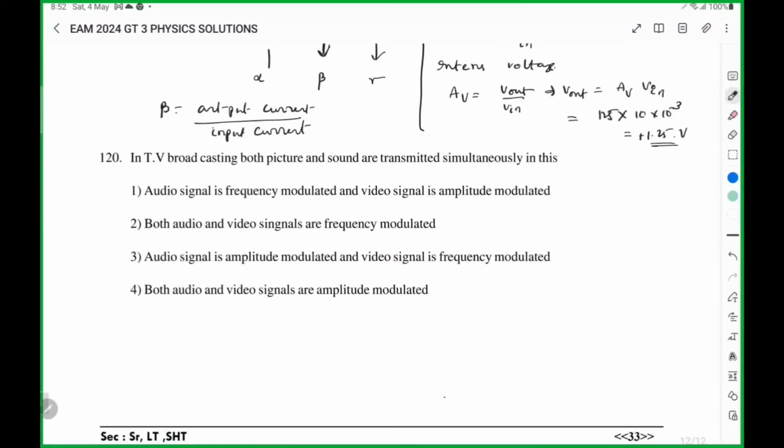So from this, TV broadcasting, to transmit picture as well as sound.